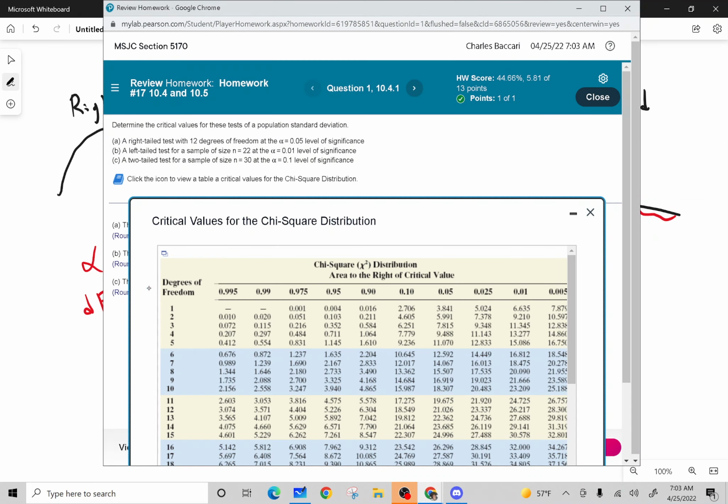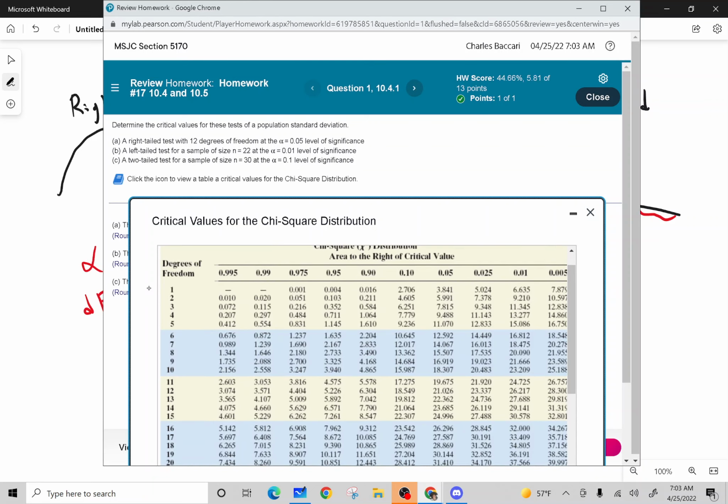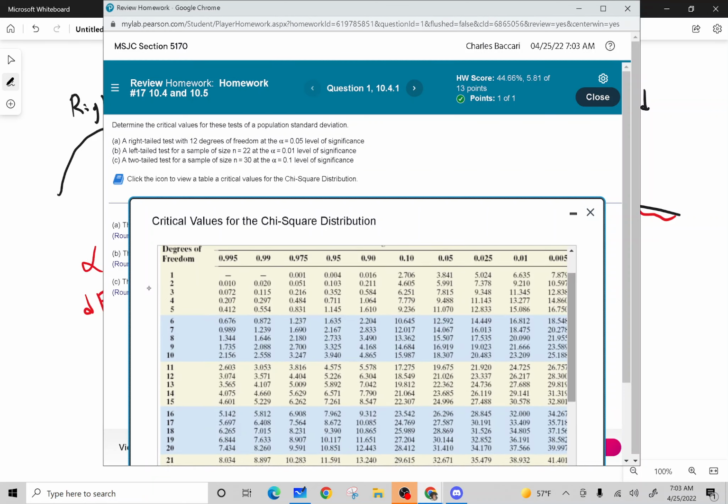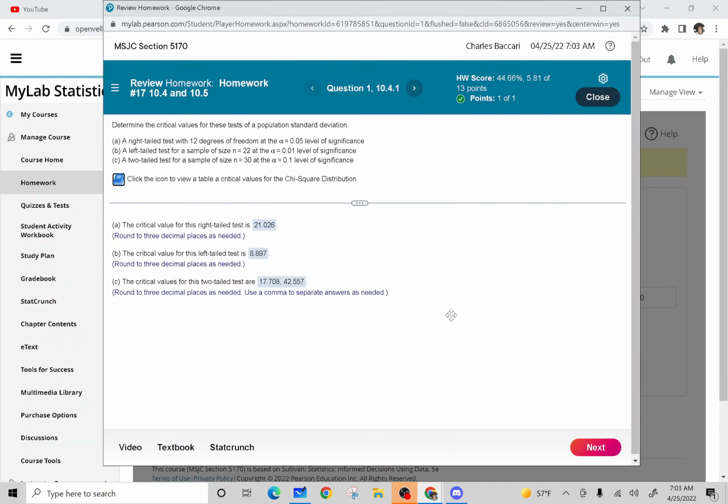Notice that it says at the top these are area to the right, so that's right-tailed. So we look at 0.05, that's this column. And we look for 12, and we get 21.026, and that is exactly what I put as the answer, so that's why that one worked.